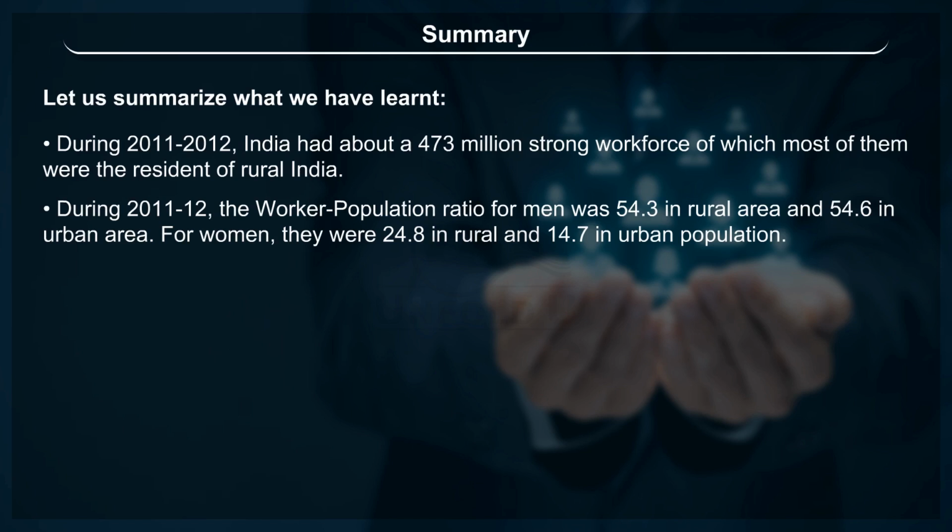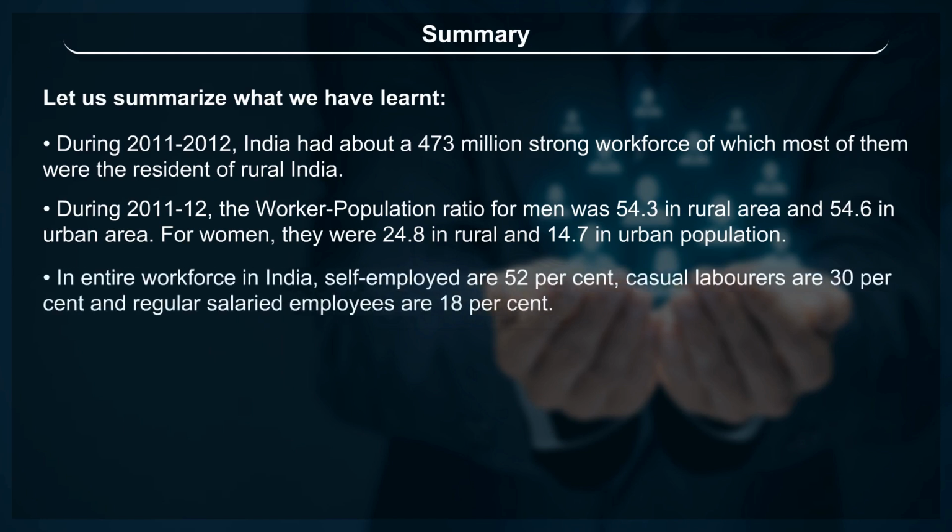For women, they were 24.8 in rural and 14.7 in urban population. In the entire workforce in India, self-employed are 52%, casual laborers are 30% and regular salaried employees are 18%.